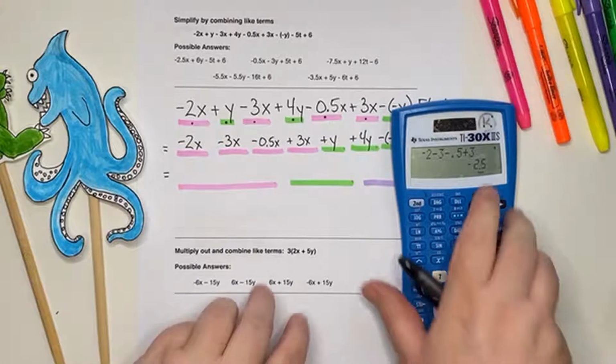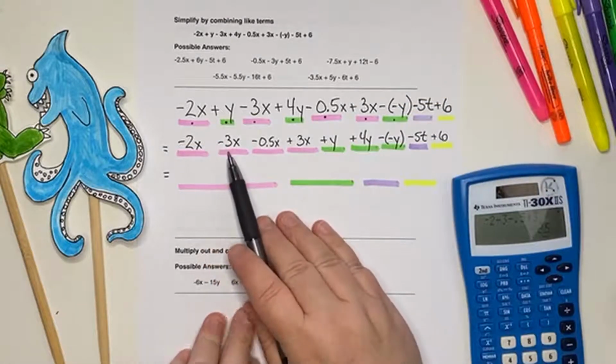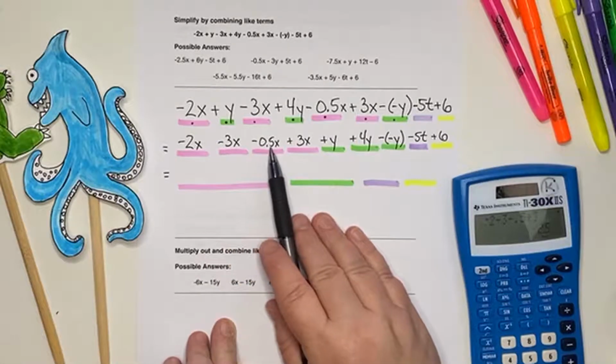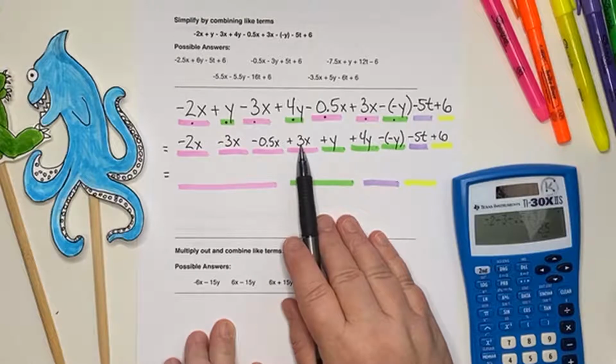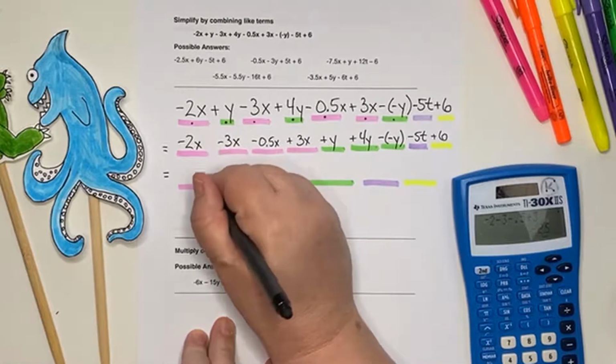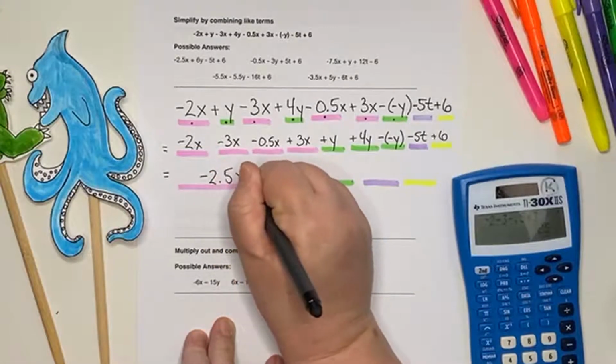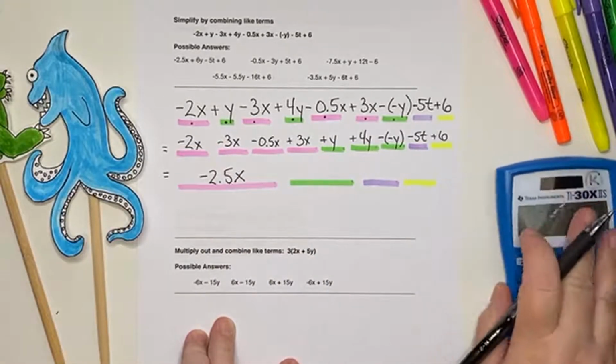So I can double check. Okay, negative 2 minus 3 is negative 5. Then it becomes negative 5.5. And then I add 3. So I go the other way. So it becomes negative 2.5. Negative 2.5x.